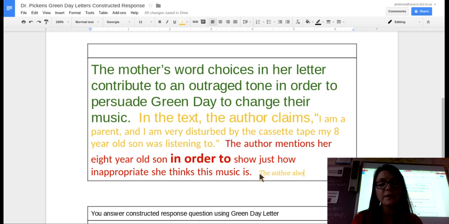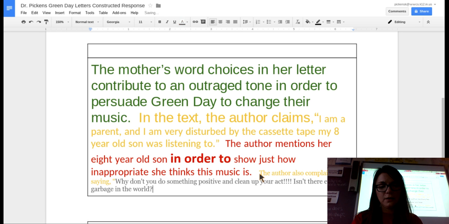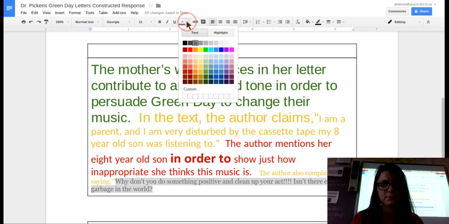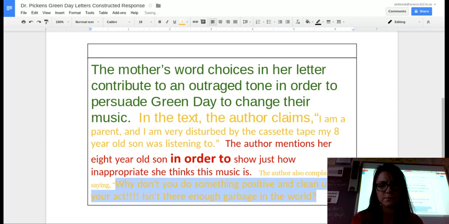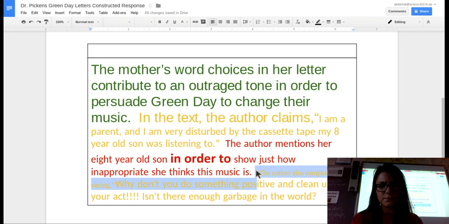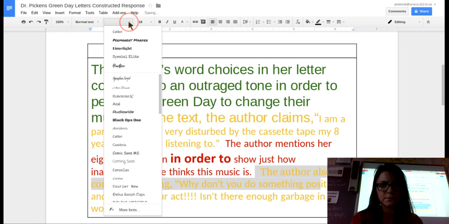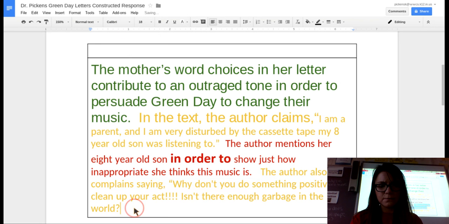The author also complains, saying, why don't you do something positive and clean up your act? Again, notice I don't have a naked quote.